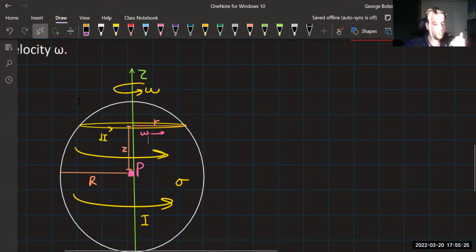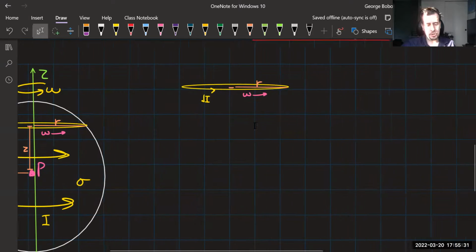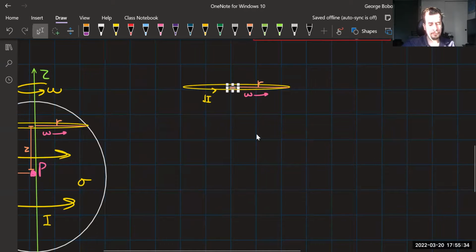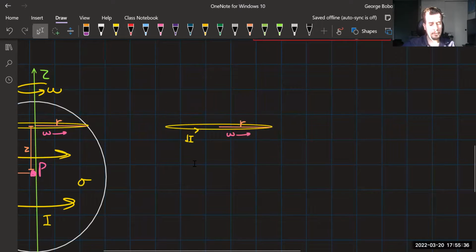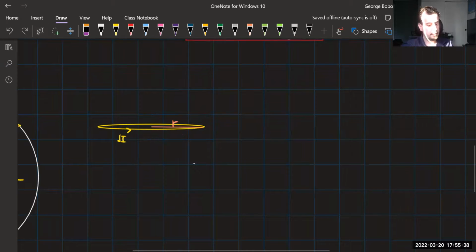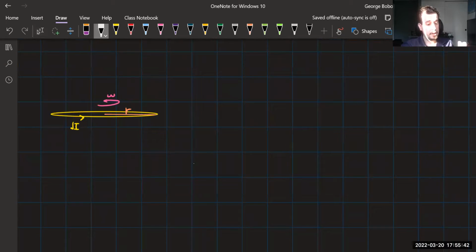Okay, so then this reduces to me finding the current of a ring. I've done this exercise before, but I'll do it again. Here's the ring, spinning again at angular velocity omega. We did this earlier. We were saying that the current will be dq over dt.